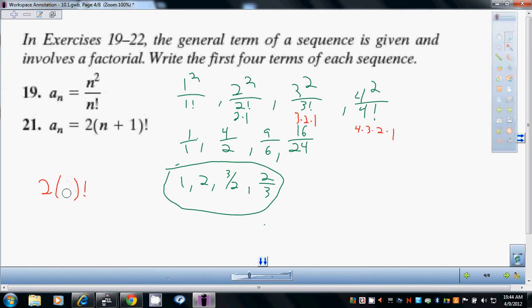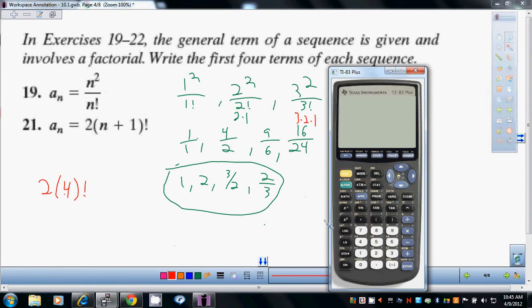Okay, let me do something that I actually know. 4 factorial is 24, times 2 would be 48. But if you did 8 factorial, that's like in the thousands. So let's have our calculator answer that question for us, because I'm assuming it knows the order of operations better than I do. So I'm going to punch in 2 times 4 factorial.